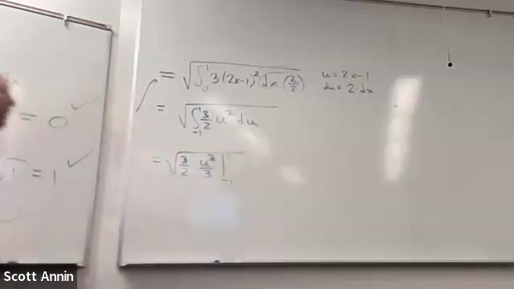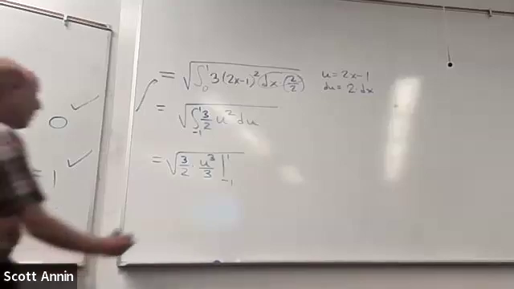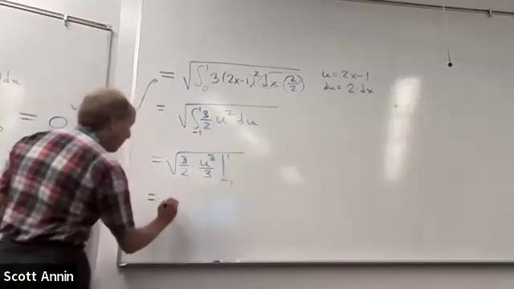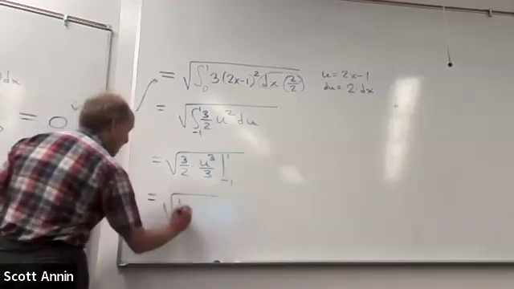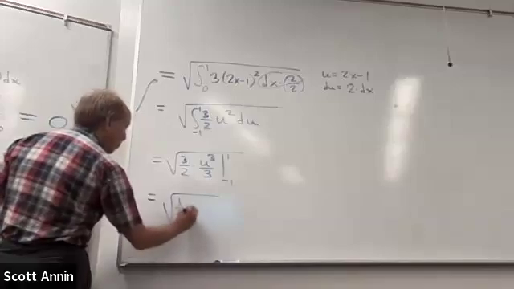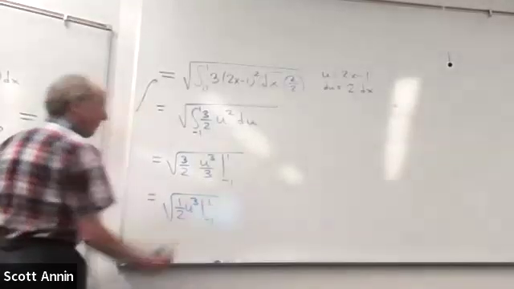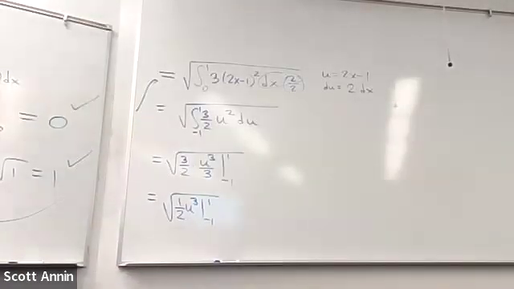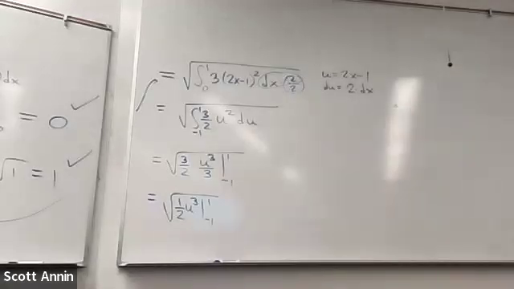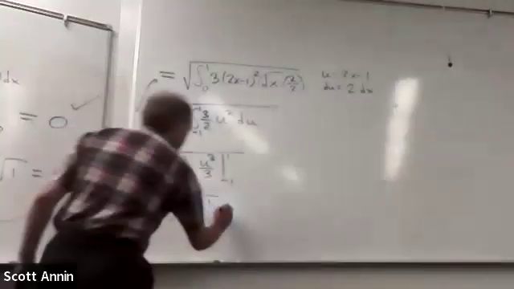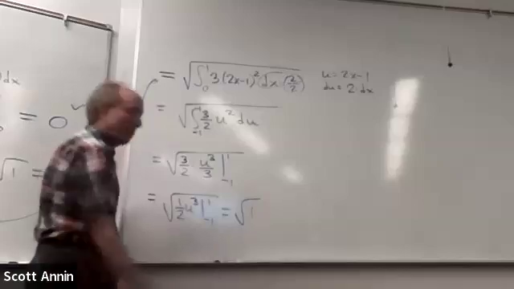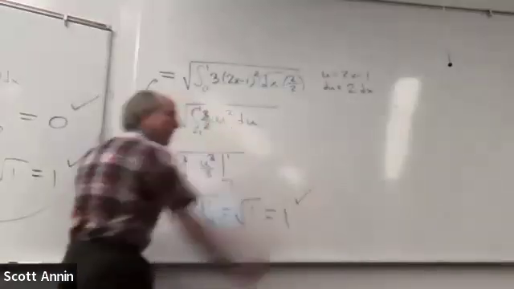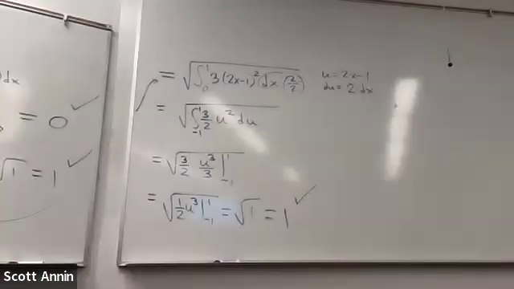I'm going to evaluate that from -1 to 1. And so let's take a look. This is just going to be the square root of 1/2 u cubed from -1 to 1. And I think that's going to be 1/2 minus -1/2, which is actually 1. So this is what you were hoping to get. We got a 1 out of that.